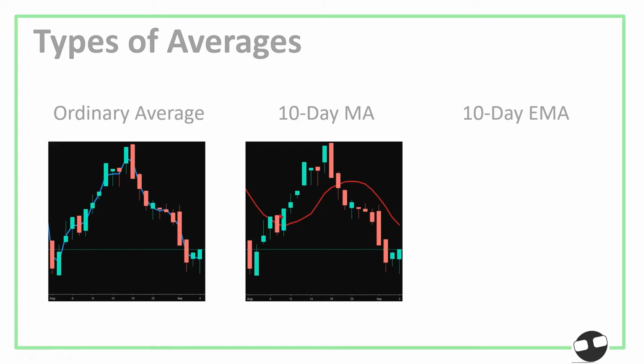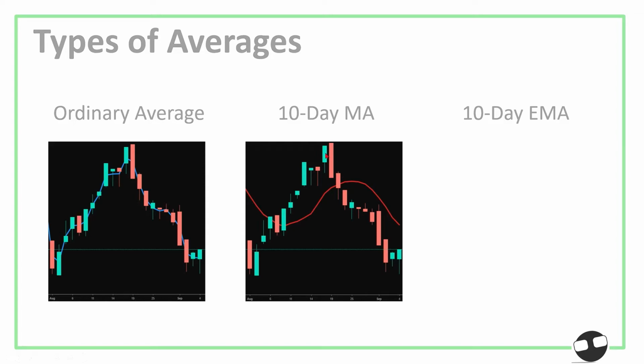So even if the price is going uptrend, the first half of this observation, you can see here that the 10-day moving average line is showing a delay in representing that trend. And same with the second half.